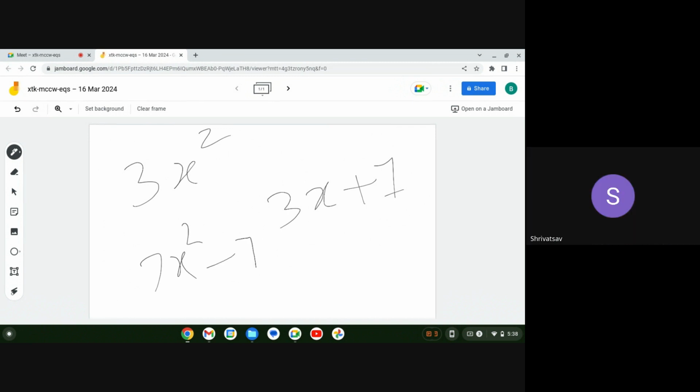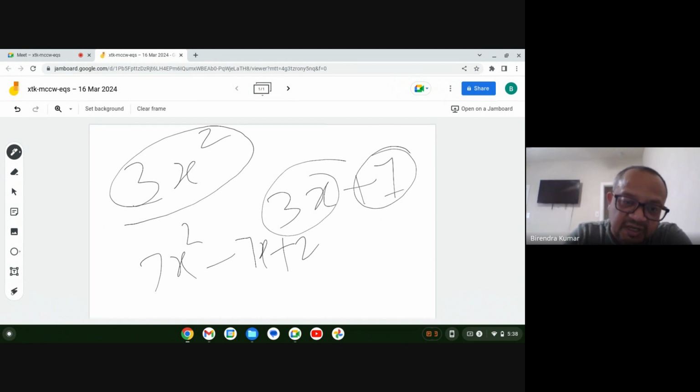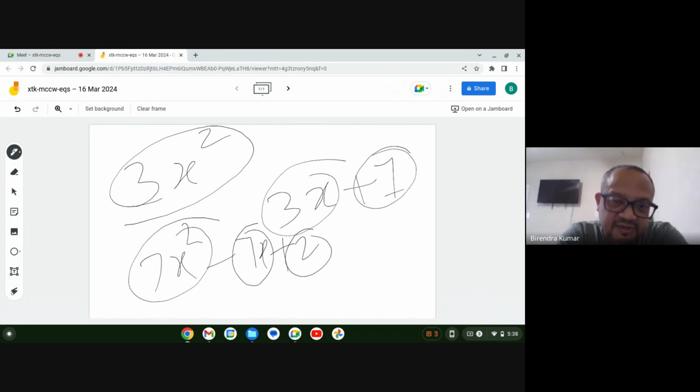This is also an expression. If there is an expression with one term, that is called a monomial expression. If it has two terms, it's called a binomial expression. If it has three terms, it's called a trinomial expression. Things which have more than one term, in general, are called polynomial expressions. Up to this much is clear, right?